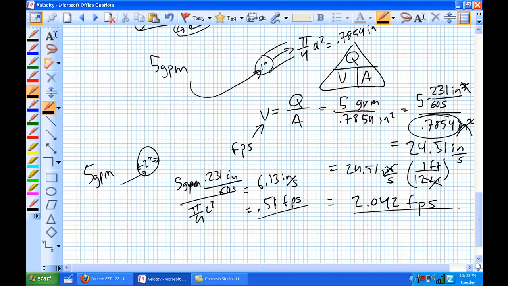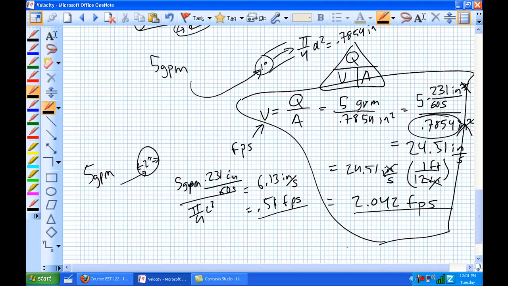Okay? All right, go back to the first system we worked, where it's 5 gallons per minute through a 1-inch internal diameter pipe, and let's say the flow rate doubles to 10 gallons per minute. Does the velocity increase or decrease? Pretty easy. It increases. How much does it increase?